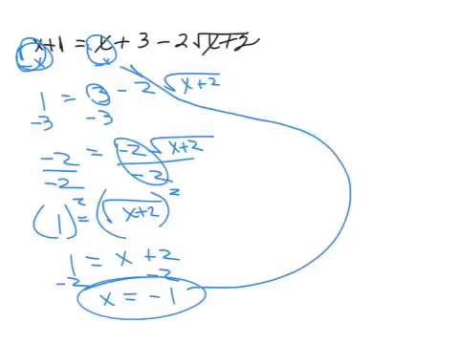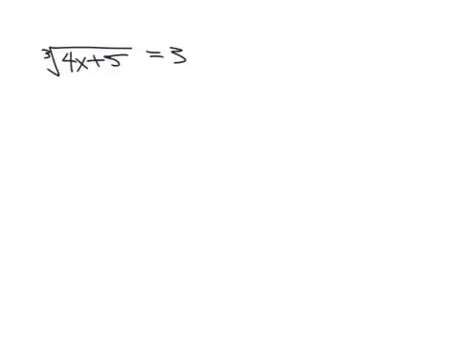Example number 8. Alright, do you notice something different here? We have a cube right here, a 3. So we can't square both sides to get rid of this. What we end up doing is abracadabra, we cube both sides. And that gets rid of my radical.